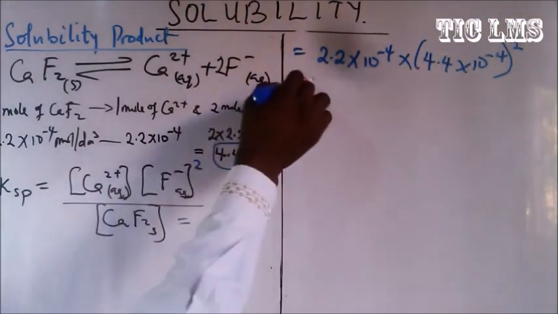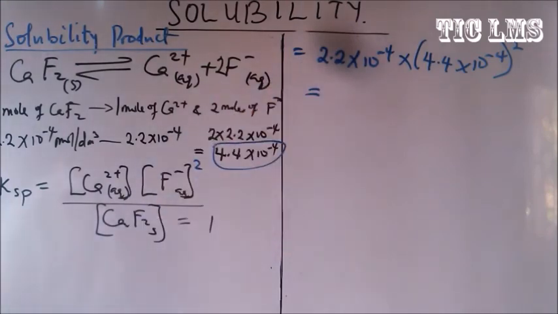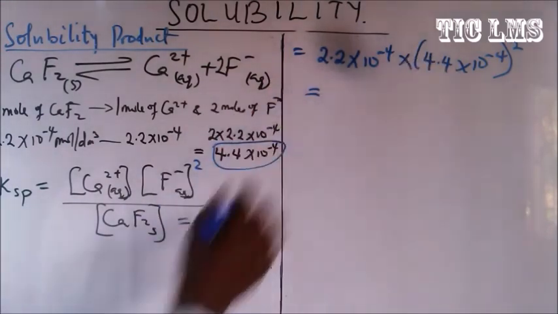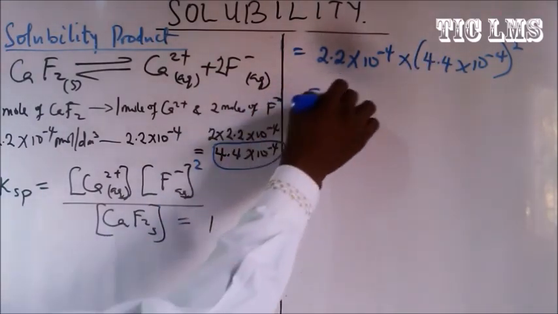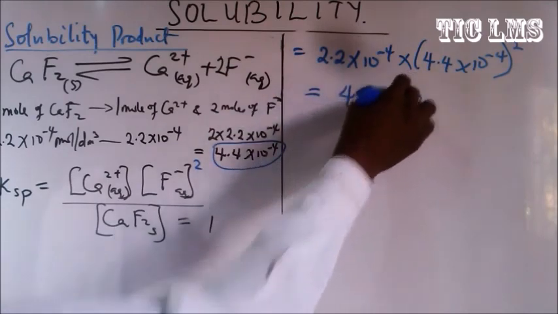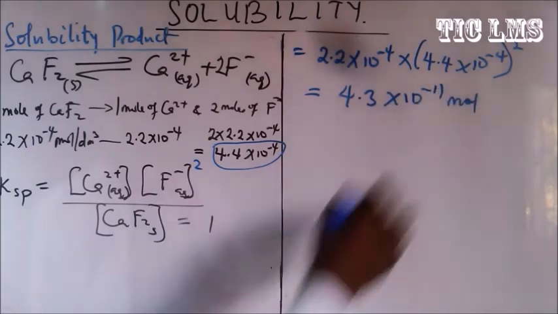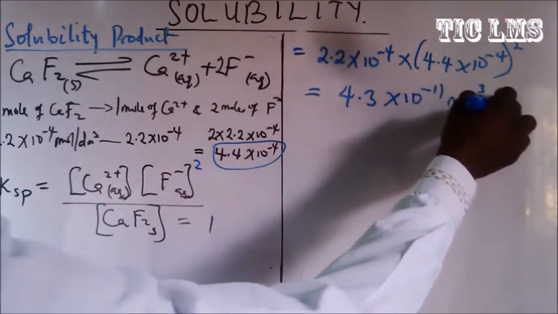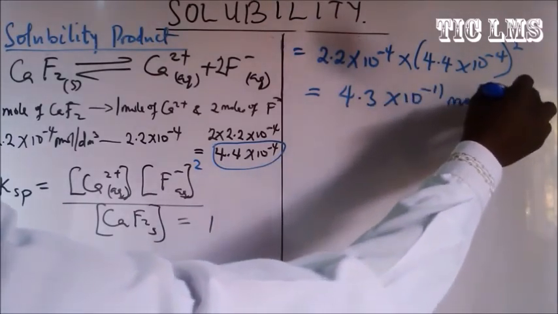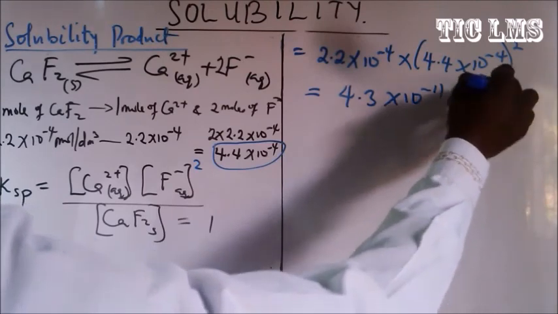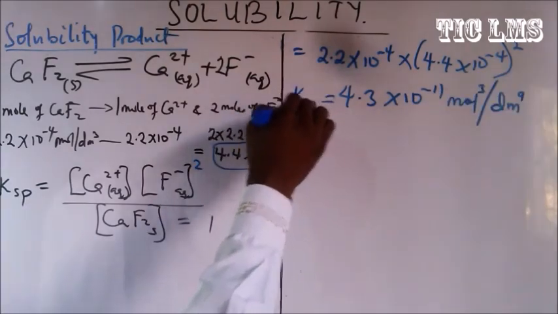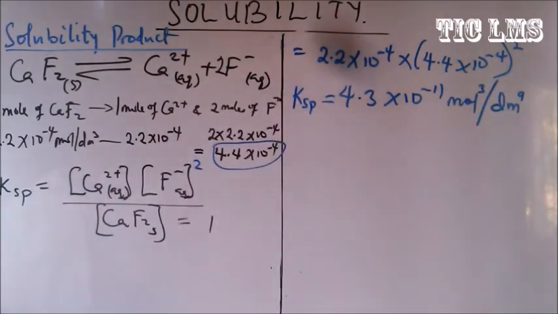When we multiply all this out, we will end up having 4.3 times 10 to the power of minus 11 mole raised to power 3 and dm raised to power 9. This is the solubility product constant of calcium fluoride.